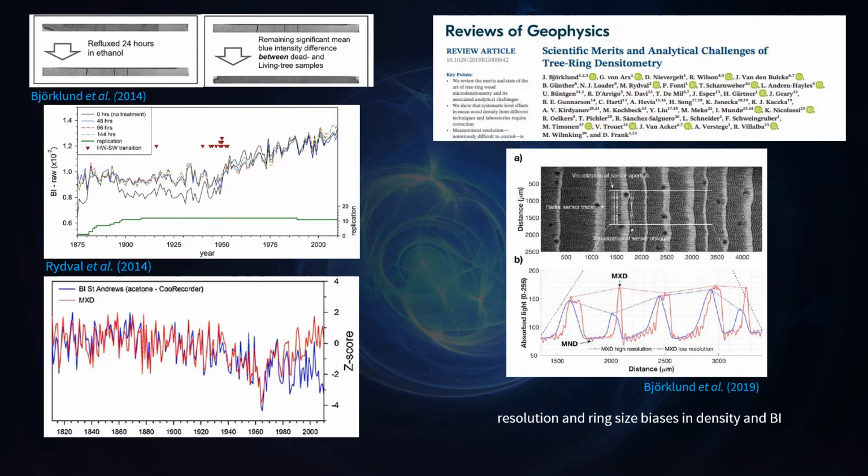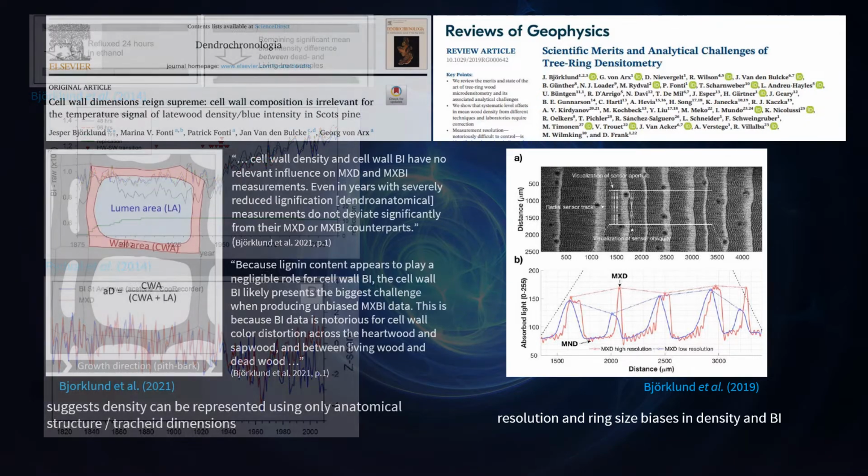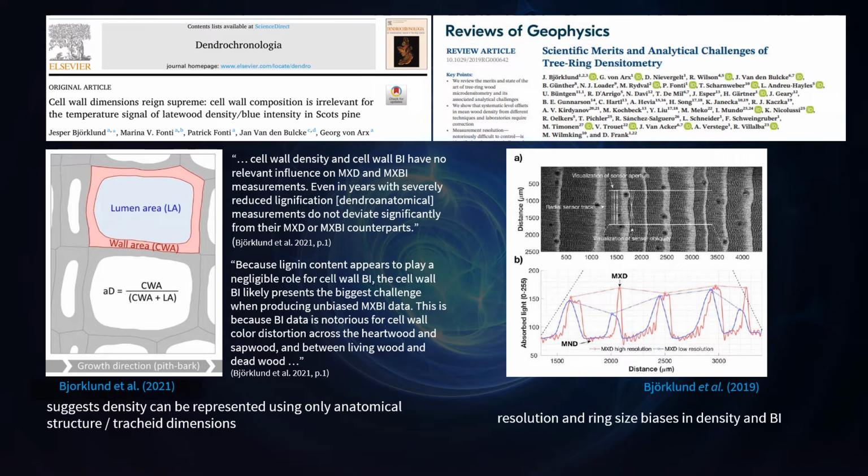In another study, Jesper Björklund and others were interested in finding out what exactly is important for determining density and density-related relationships with climate. And essentially they found that the actual composition of the cell wall itself and components, for example, such as lignin, do not seem to play a very important role in determining density of the wood.